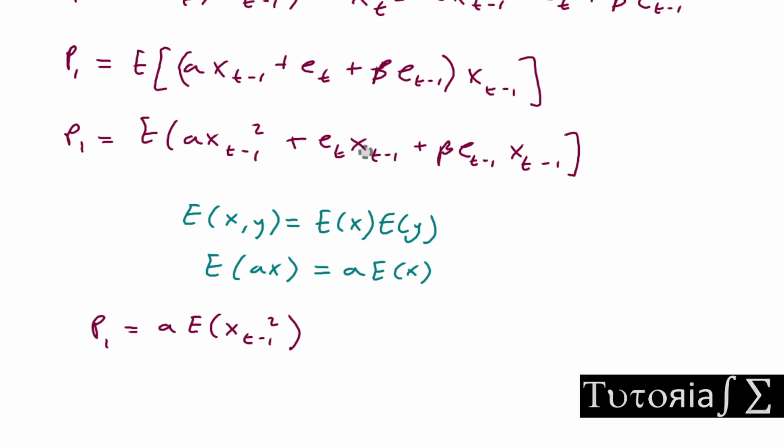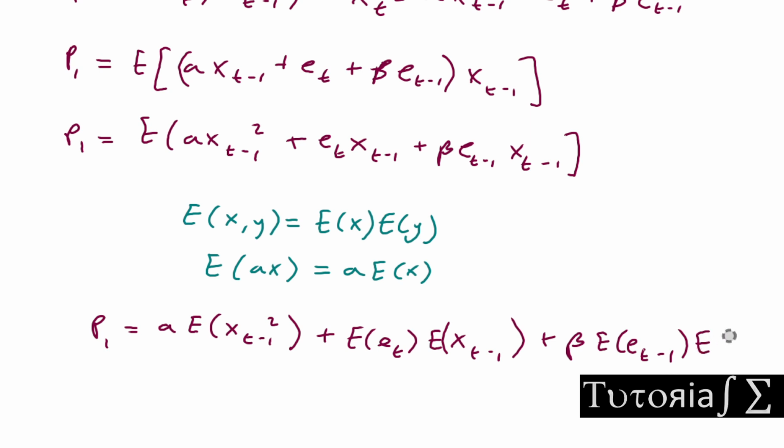Here we say expectation of et times expectation of xt minus 1, plus, same thing here, we factor out the beta, expectation of et minus 1 times expectation of xt minus 1.